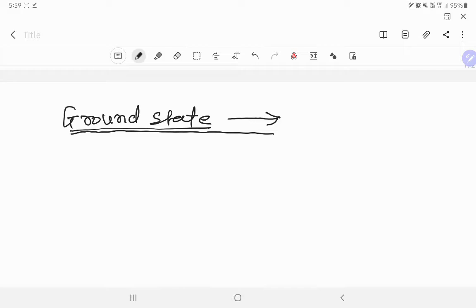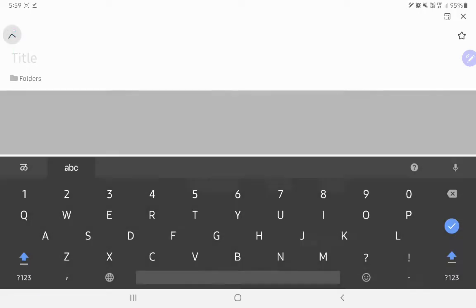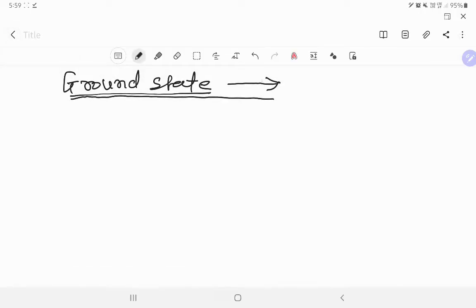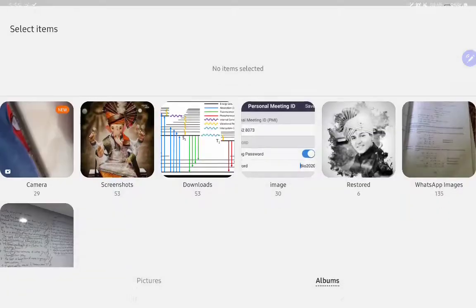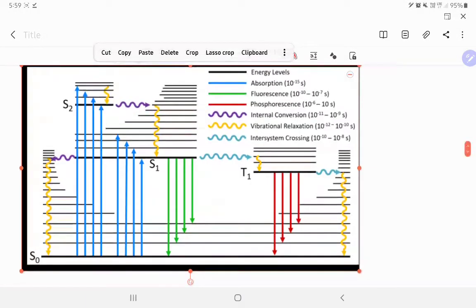Now to understand the Jablonski diagram, what is the Jablonski diagram? What happens on absorption and emission? Okay, this is the Jablonski diagram.